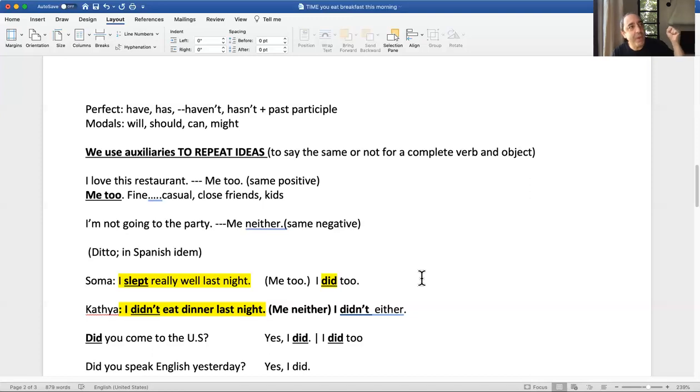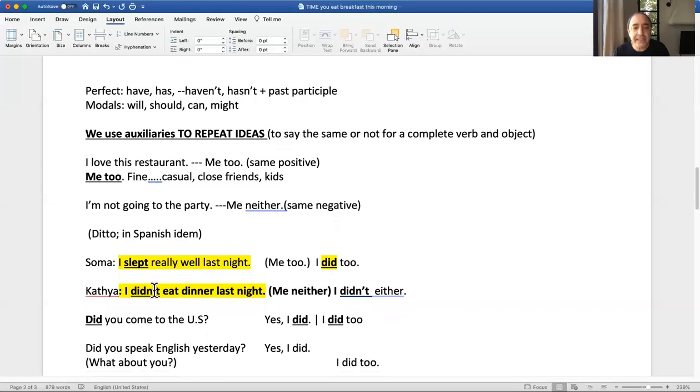It's the same auxiliary you use for agreements. I did too. Katya says, I didn't eat dinner last night. You can say, me neither. Perfectly fine. Or a little bit stronger, more complete is, I didn't either. Now, why is this either? Well, because English has a one negative rule.